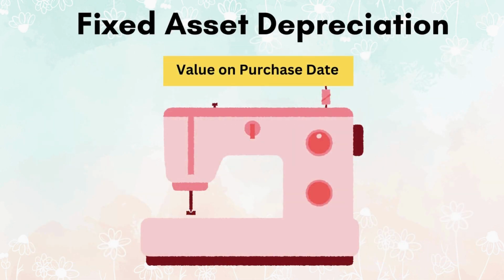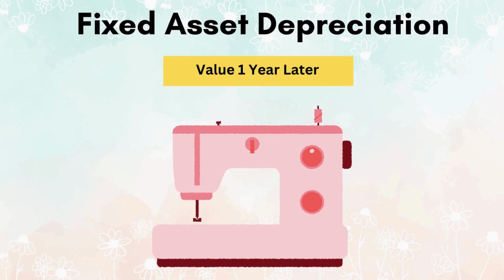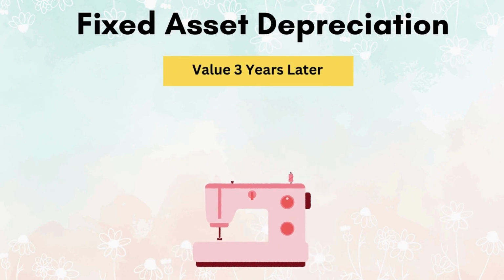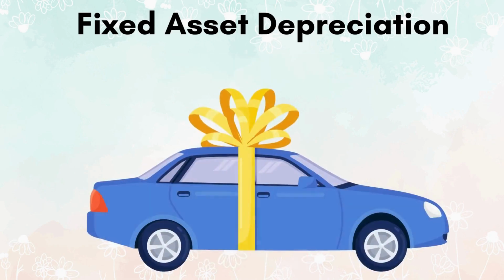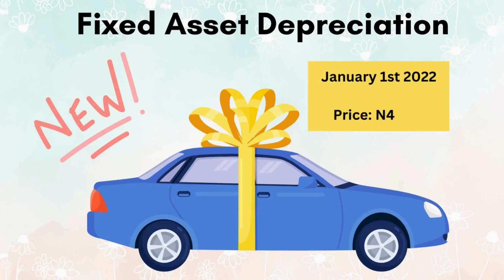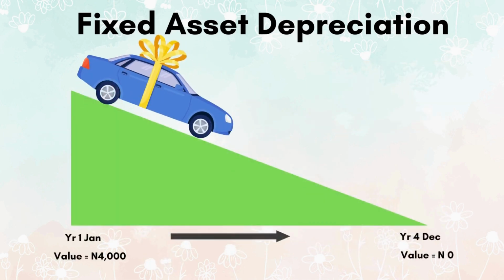Fixed asset depreciation is the reduction in the value of an asset due to wear and tear over time. So let's say you buy a vehicle on the 1st of January 2022 for 4,000 naira, and you decide that after 4 years, that vehicle would have used up all of its useful life.